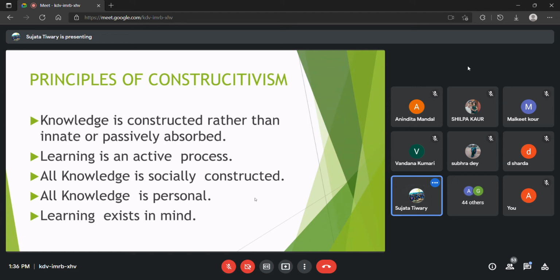They learn through discussion, through debating, through problem solving skills. They do all this in group discussion, that is, this is socially constructed, as Vygotsky says in his social constructivism. All knowledge is personal.